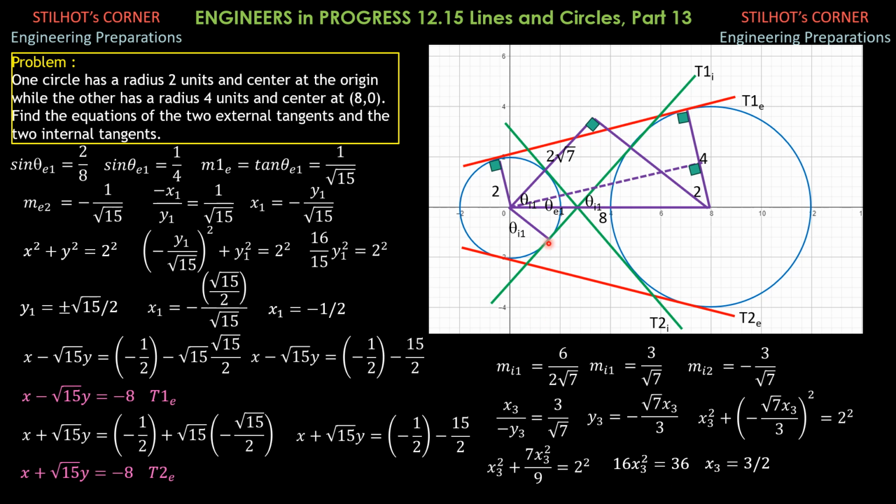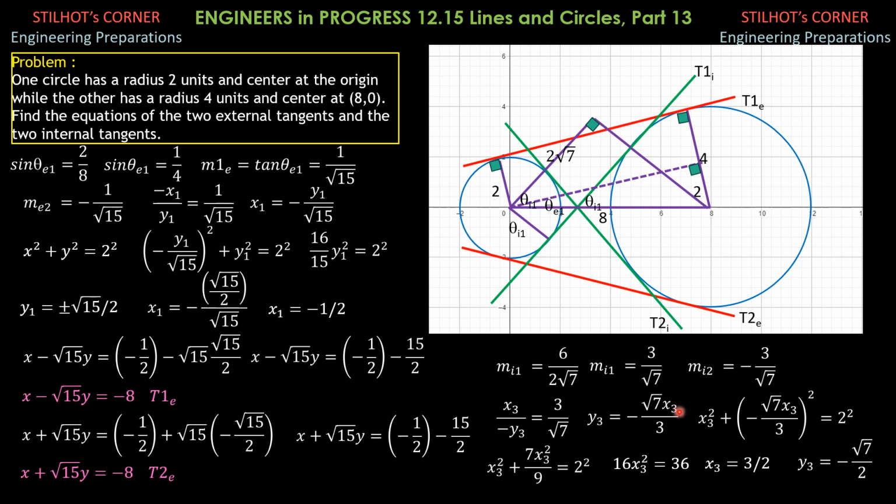But this is the point of tangency here, so x3 is positive. But y3 is negative. y4 is positive because the other point of tangency for the internal tangent 2 is in the first quadrant. So y3 is negative square root of 7 over 2 from this equation because x3 is 3 halves.